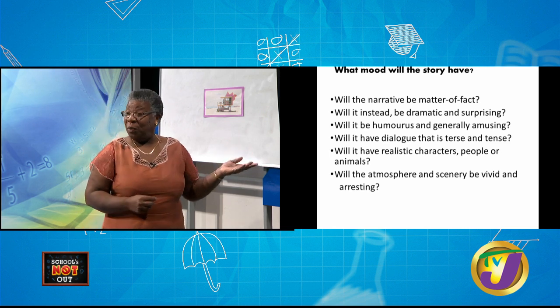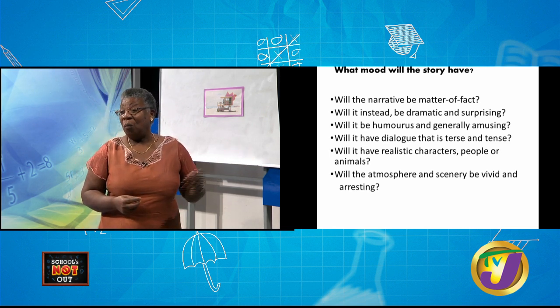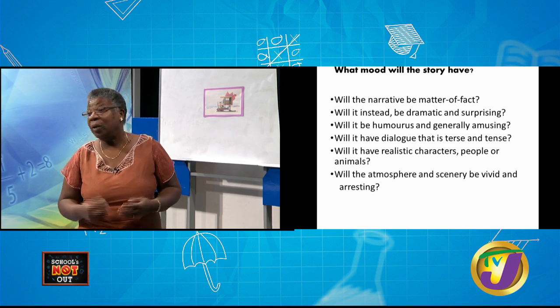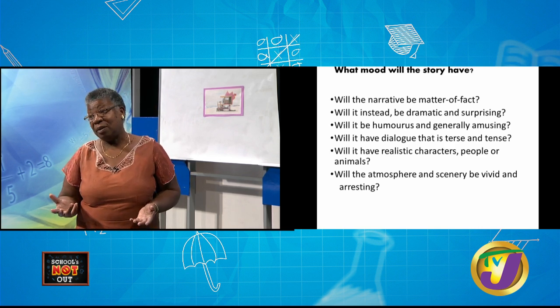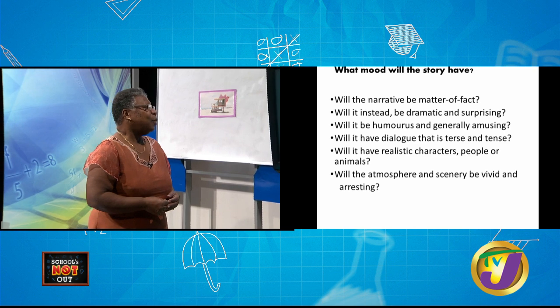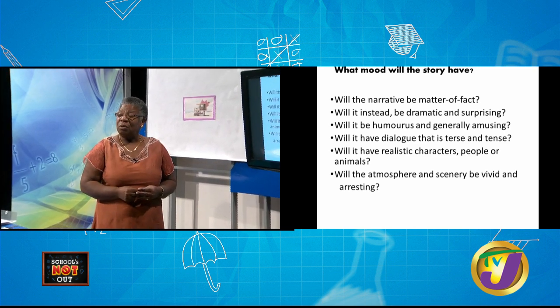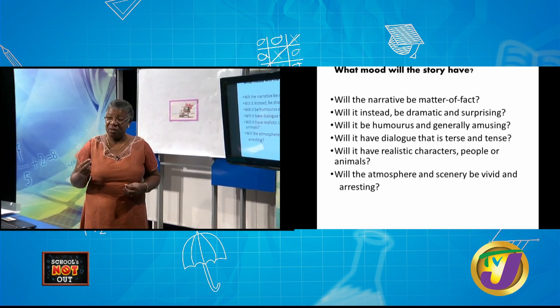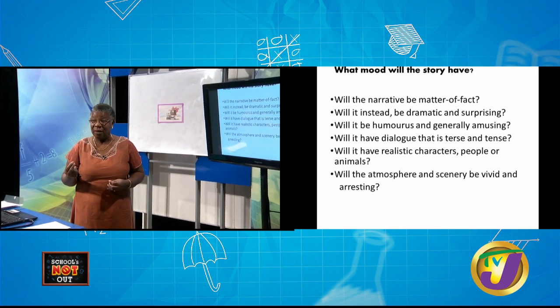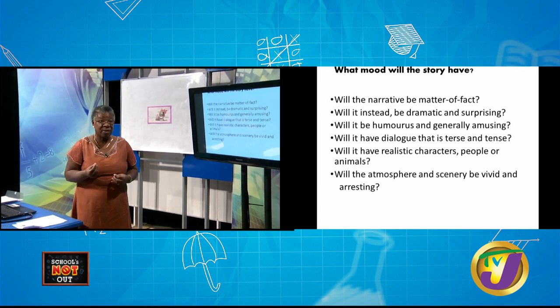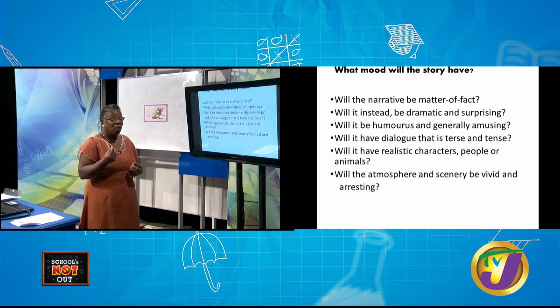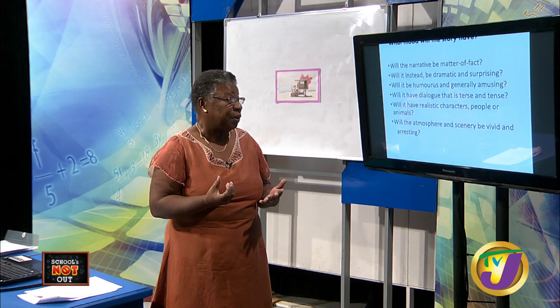The characters in your story can either be people or animals, and those you have to do things to make them realistic, to make them come across like they could really happen.